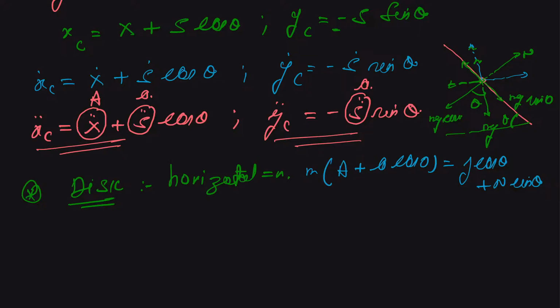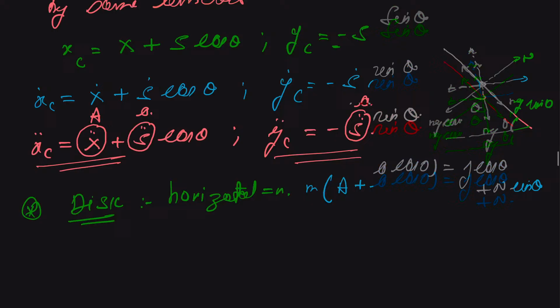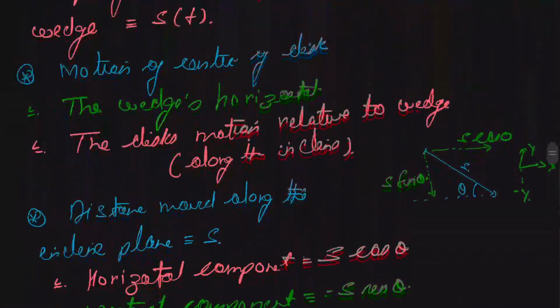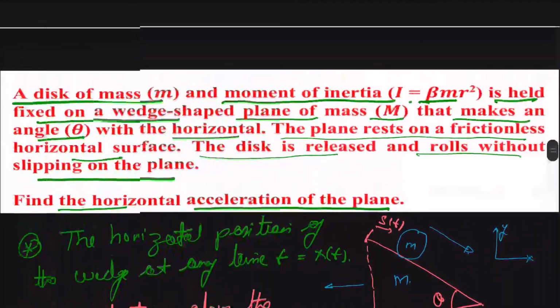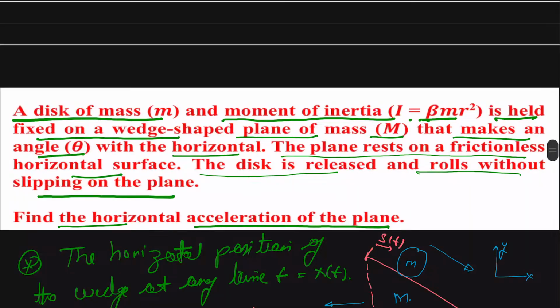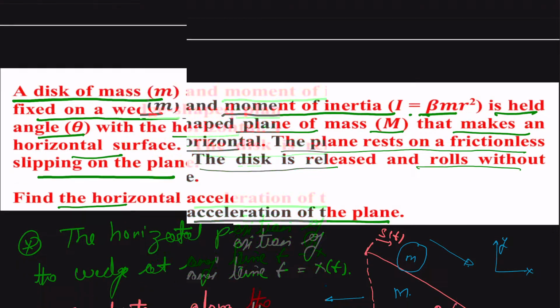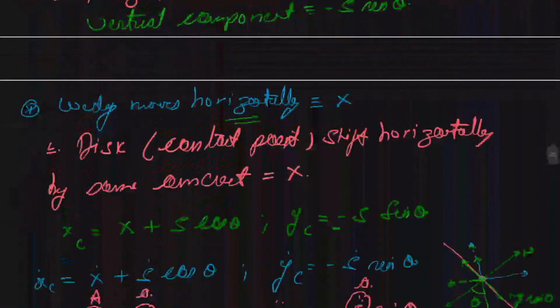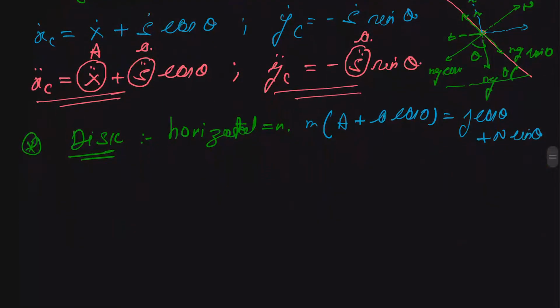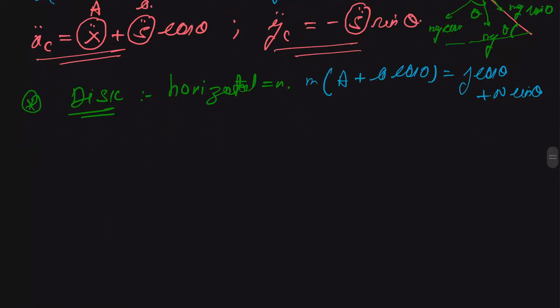A moment of inertia is given to us. Similarly, we can write the vertical equation.